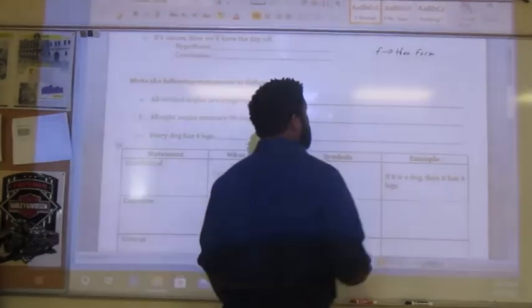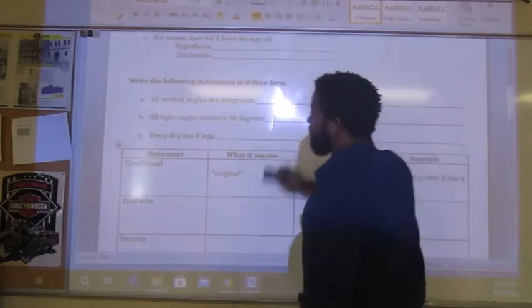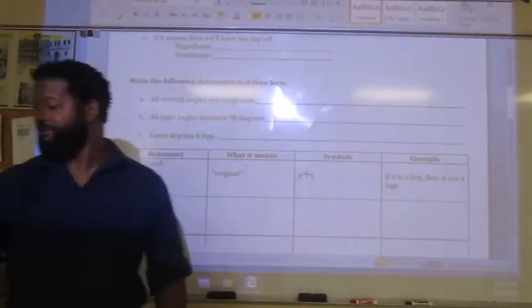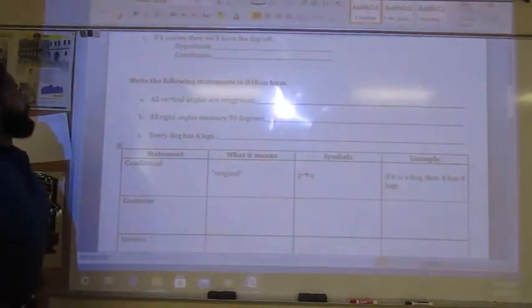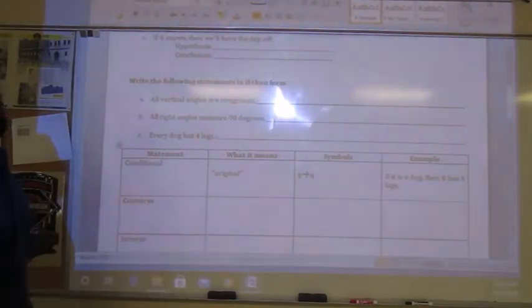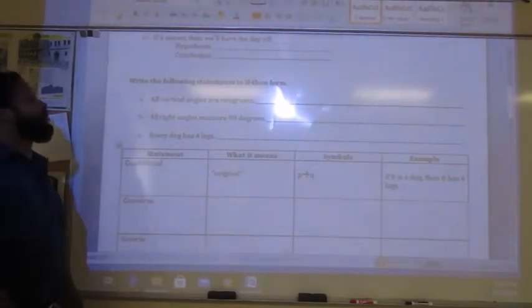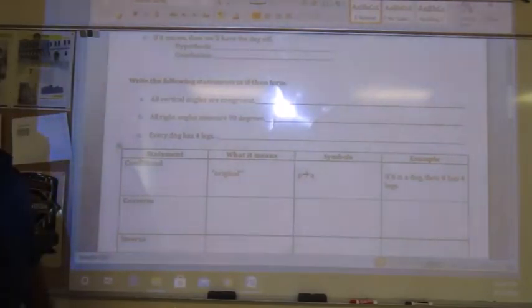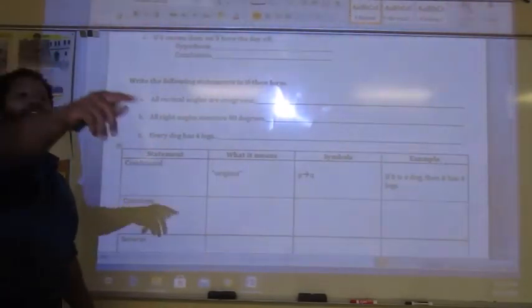I'm gonna let y'all do C by yourself. A couple of y'all already did it, right? Write the following statements in if-then form. All vertical angles are congruent. If all angles are vertical, they are congruent. Say it louder.